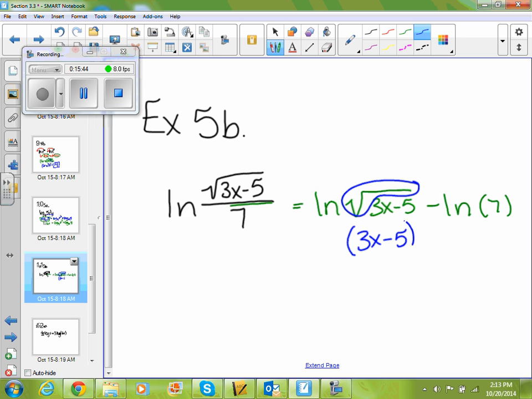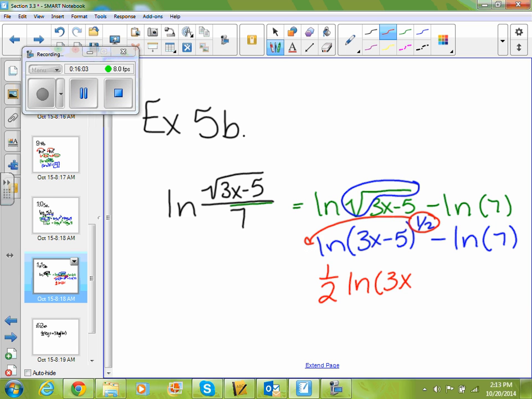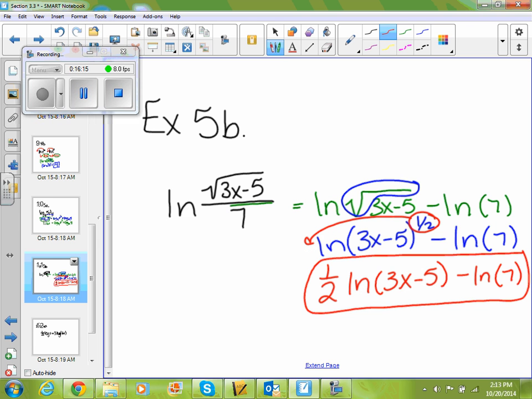So this is like 3x minus 5 to the 1/2 power. And we still have the natural log of 7. And then my last property tells me that I can roll that 1/2 down to the front. So this becomes 1/2 natural log of 3x minus 5 minus natural log of 7. And we can leave it like that, or you can evaluate the natural log of 7 on your calculator. We'll just leave it like that for now.